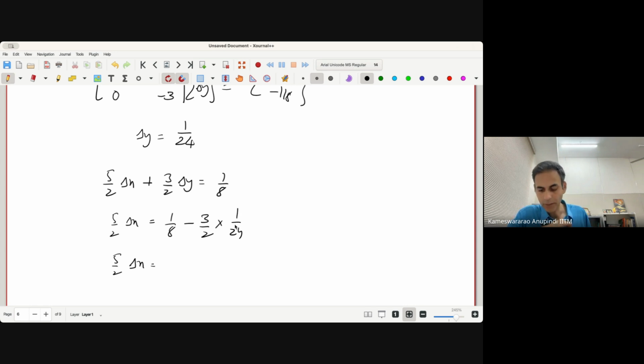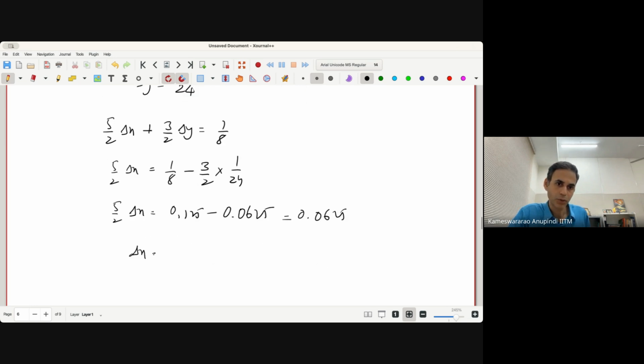This is 1 divided by 8, which is 0.125, minus 3 divided by 48, which is 0.0625. So this is 0.0625. That means my delta x is going to be 2 divided by 5 times that, which is 0.025. So that is delta x.